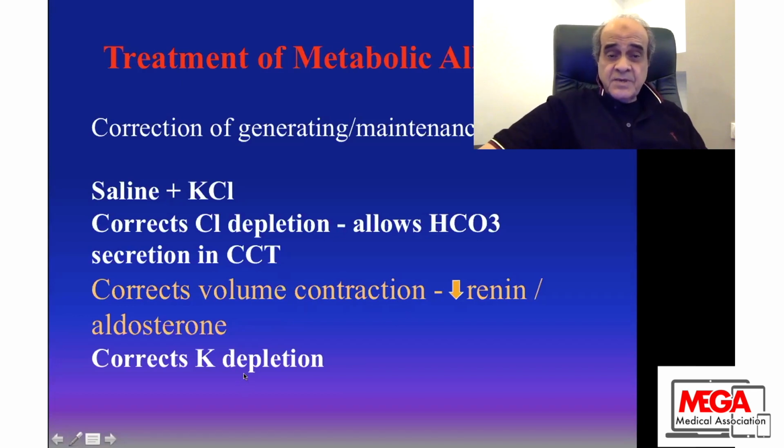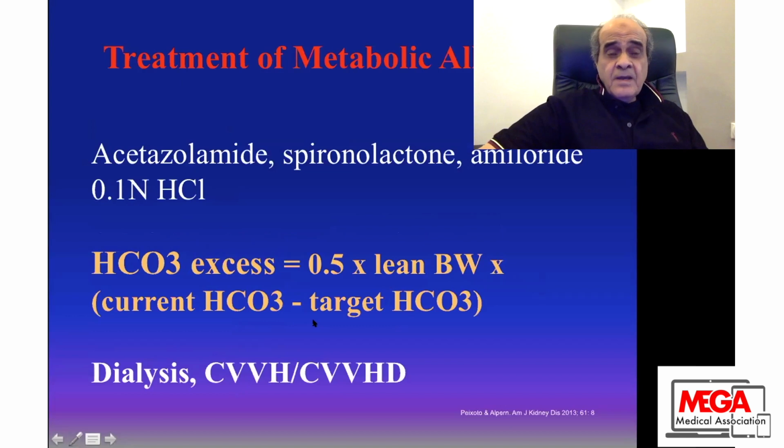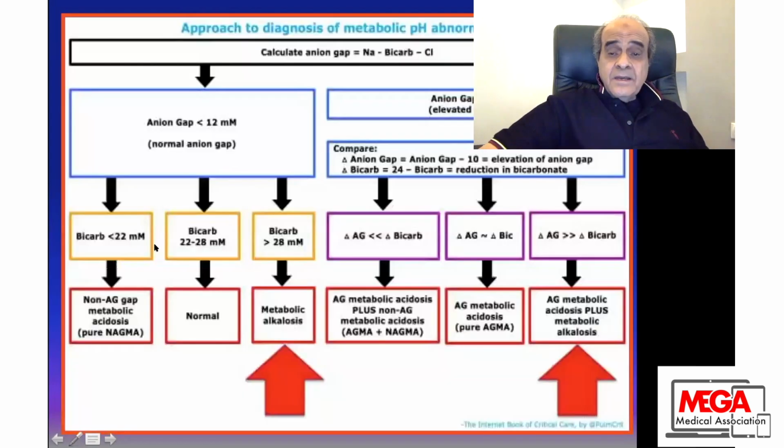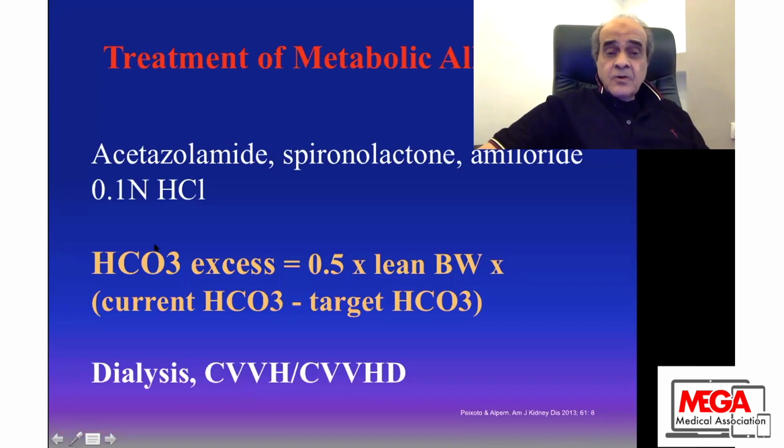Correct potassium depletion. Other options are acetazolamide, spironolactone, amiloride, 0.1 HCl, or dialysis in severe cases, and also continuous venous hemodialysis or hemodiafiltration.